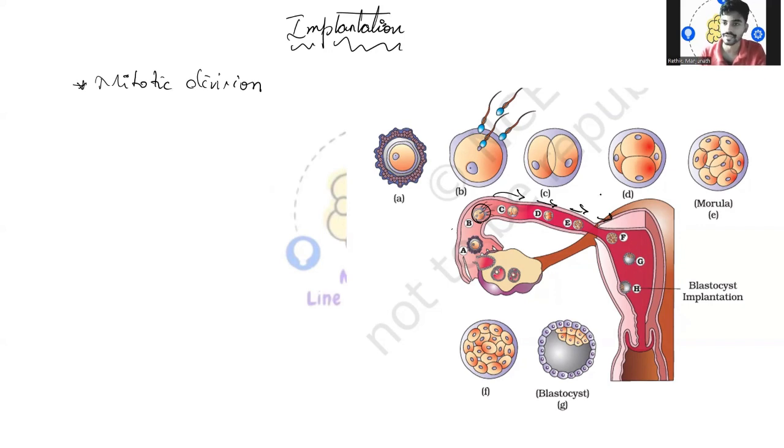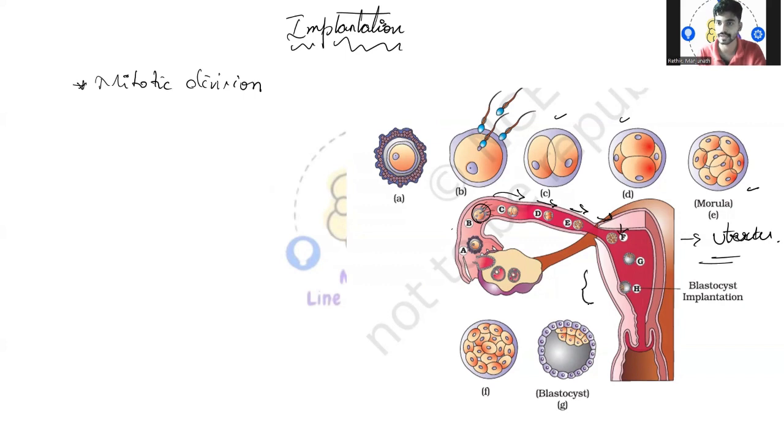How? Through the cleavage process. Can you see this? They are actually called the cleavage process. Through the cleavage process, it starts moving towards the uterus. Clear? So it starts moving towards the uterus region.